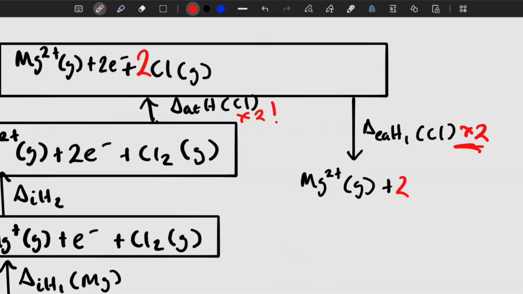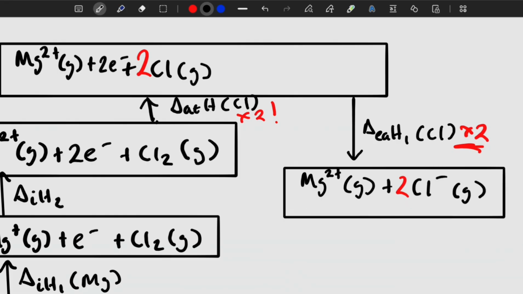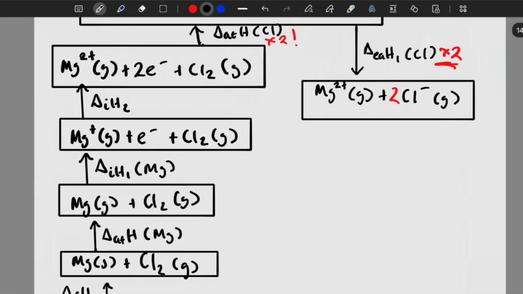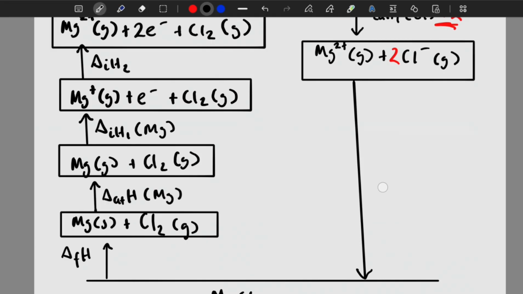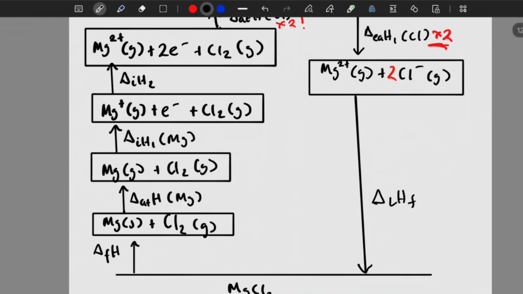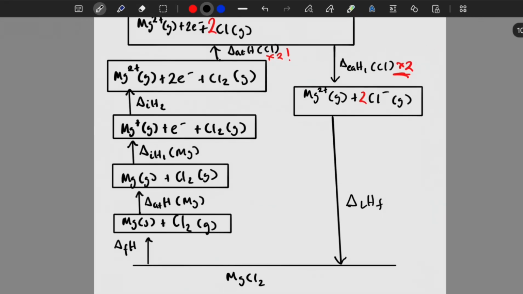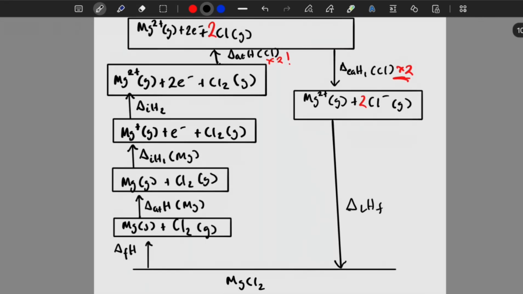So we put our 2 there and a Cl minus. And then the last enthalpy formation is exothermic, so the arrows go down. And that is how the cycle works. So that's how a magnesium chloride cycle works.